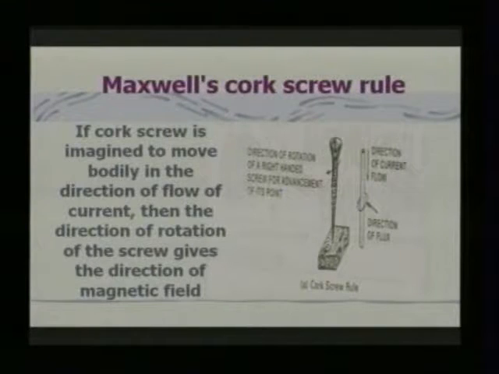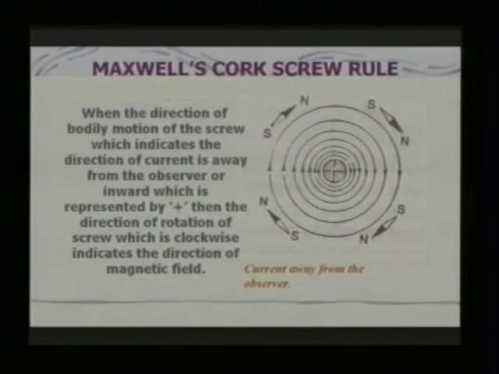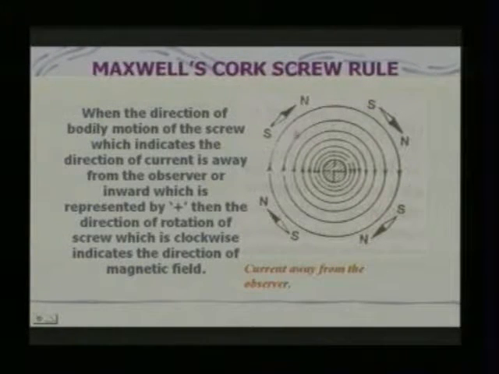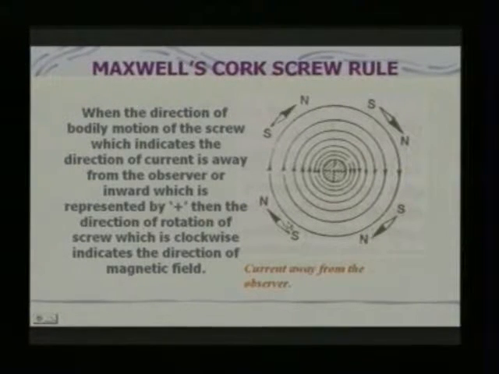Now we will consider the two cases of Maxwell's corkscrew rule. Suppose the direction of bodily motion of the screw, which indicates the direction of current, is away from the observer or inwards, which is generally represented by a cross or plus, then the direction of rotation of the screw, which is clockwise, indicates the direction of magnetic field, as we can see from the figure shown.